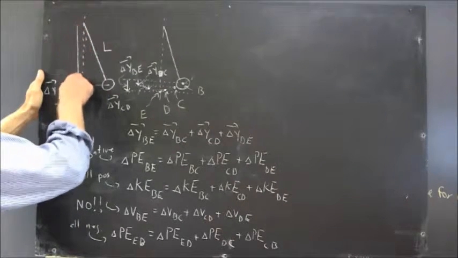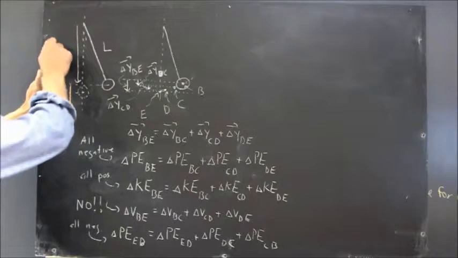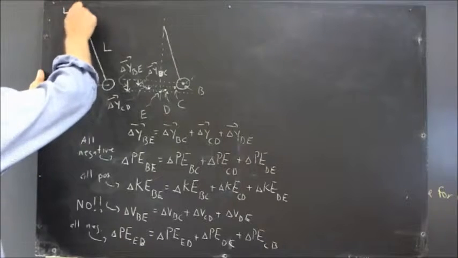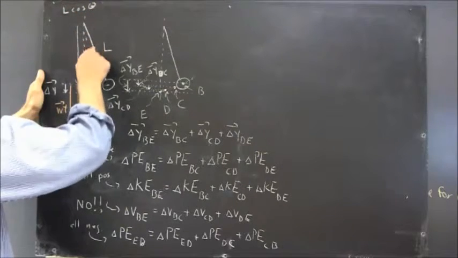That's going to be, I'll write it up here. It's going to be L times the cosine of theta, where this angle is theta.